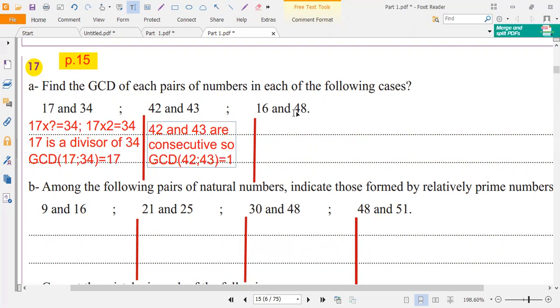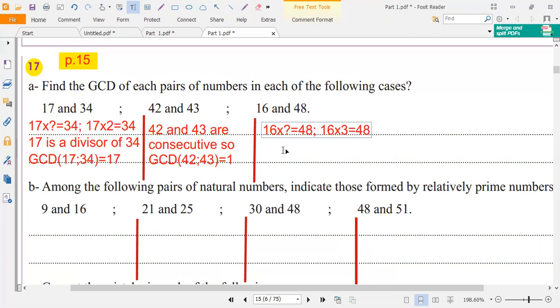Now we have 16 and 48. We think first, are they consecutive? No. Is there a relation between them? It means 16 times something equals 48. Yes, it is 16 times 3 equals 48.